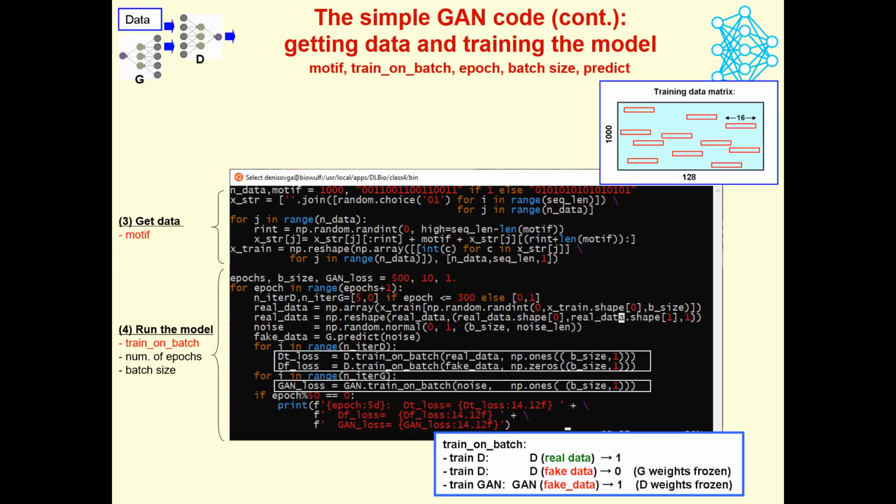The reason why we use train on batch here is that generally the training of the discriminator and of the generator should be iterative. You cannot, in general, train only the discriminator through to the end, and then train the generator through to the end.